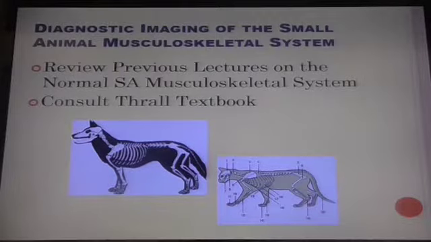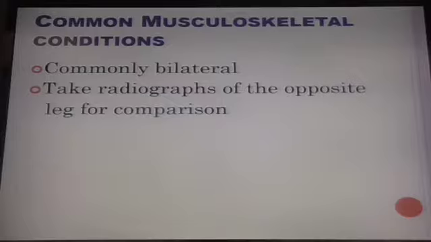Okay, again, consult your normals. Let's talk about musculoskeletal conditions, even in large animals, because you have an opposite leg. If you're not sure about a condition, take the opposite limb.